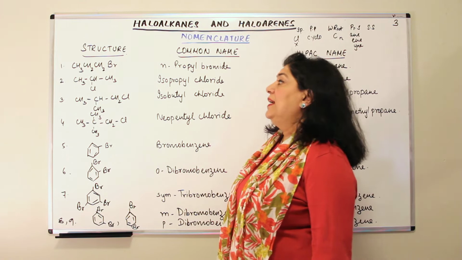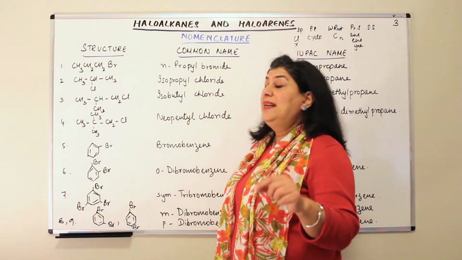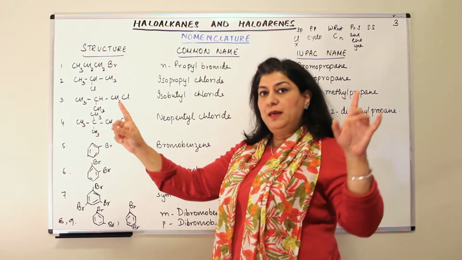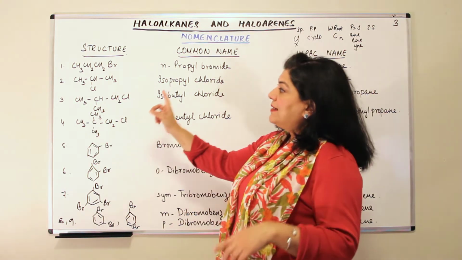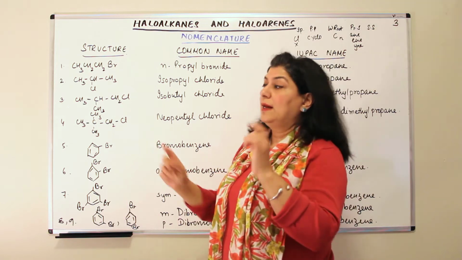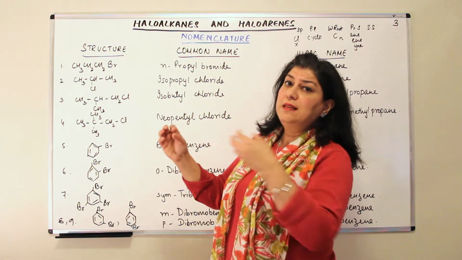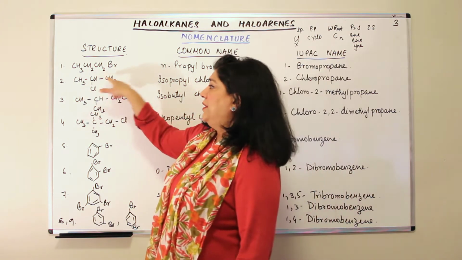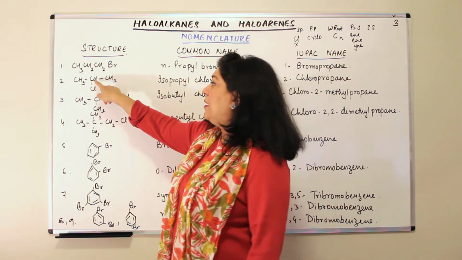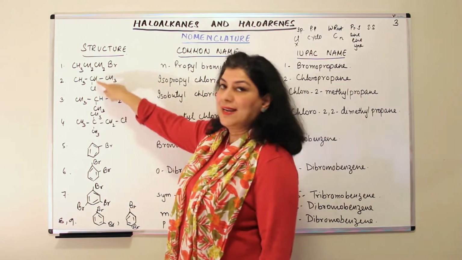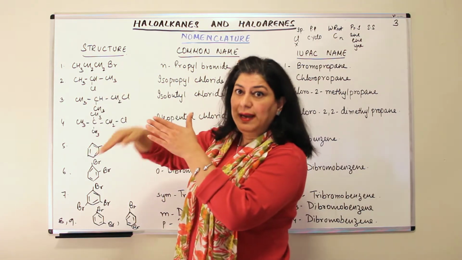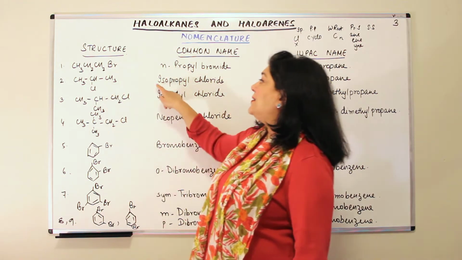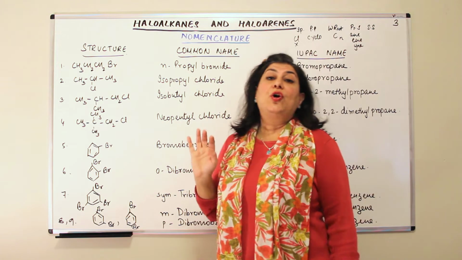CH3CH, CH3 and Cl. The chlorine is attached to the second carbon, not to the terminal carbon. When you say terminal carbon, it means the last carbon. So it is attached not to the last carbon but to the middle carbon, or any carbon in the chain if this was a longer chain. So whenever you have such compounds where carbon does not form a simple chain, it has one branch, it forms a methyl group or the substituent is attached to a branch, it is known as an iso compound in the common nomenclature.